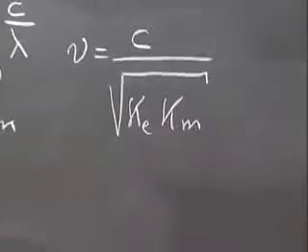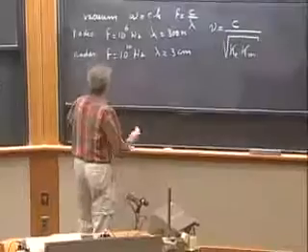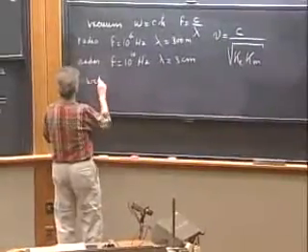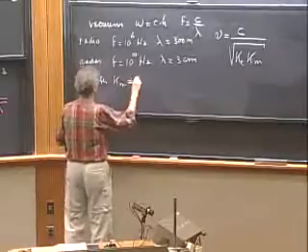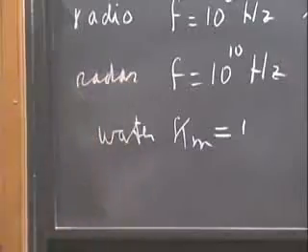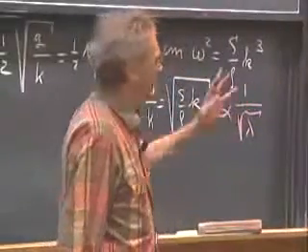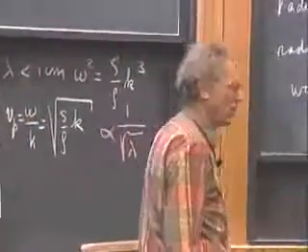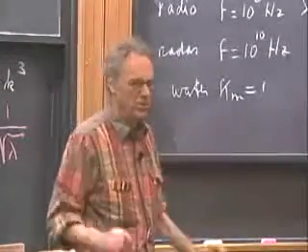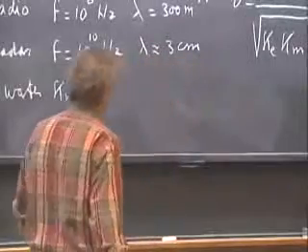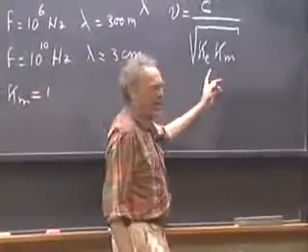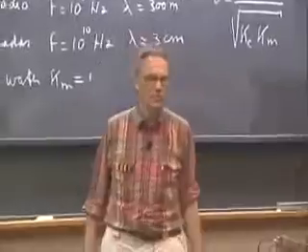So if I take water as an example, for which kappa M is very close to 1, because water is not a ferromagnetic material, and all materials that are not ferromagnetic have a kappa M, relative permeability, very close to 1.0000. So forget kappa M now, but I'll show you the enormous frequency dependence of kappa E, of the dielectric constant.